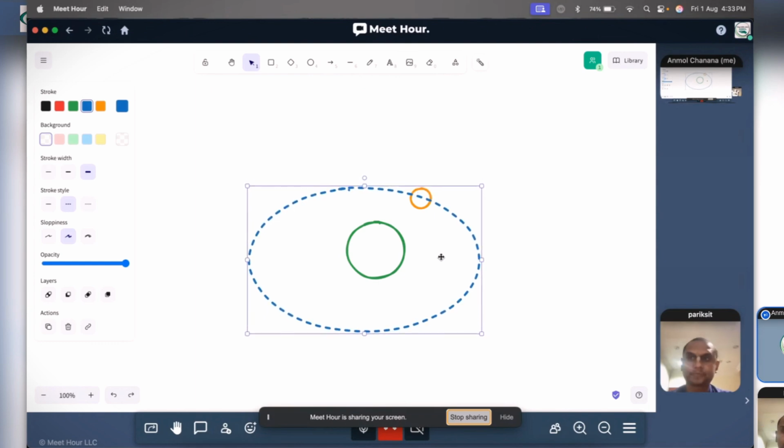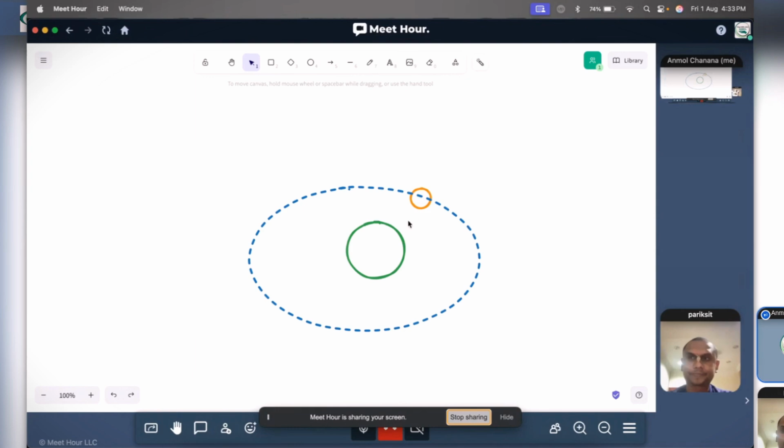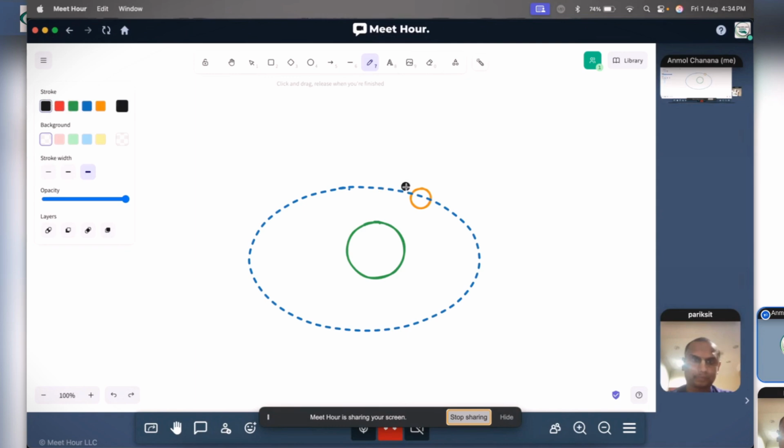Now, in this axis, where there is the intersection of the Moon's path, this part and this part, supposedly the Moon is moving from this direction.